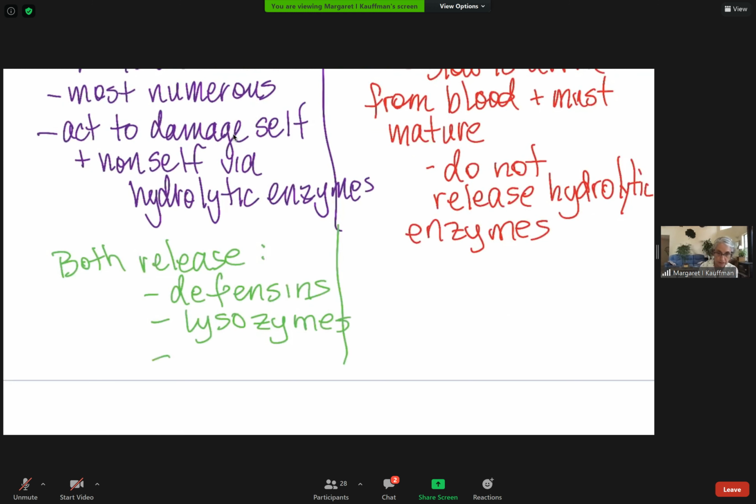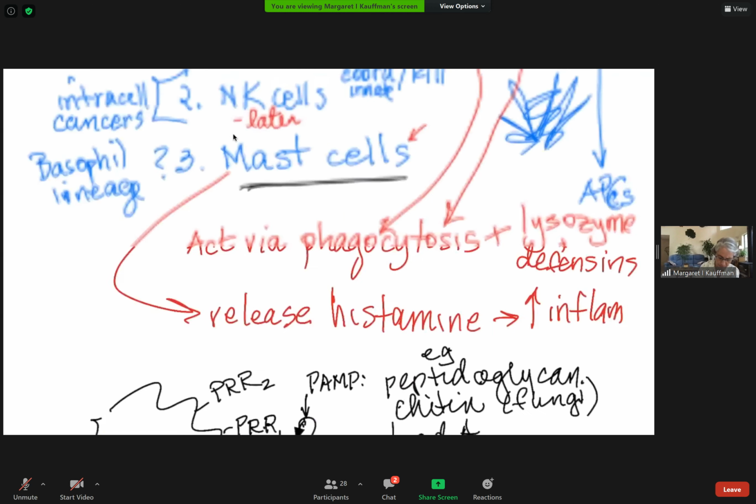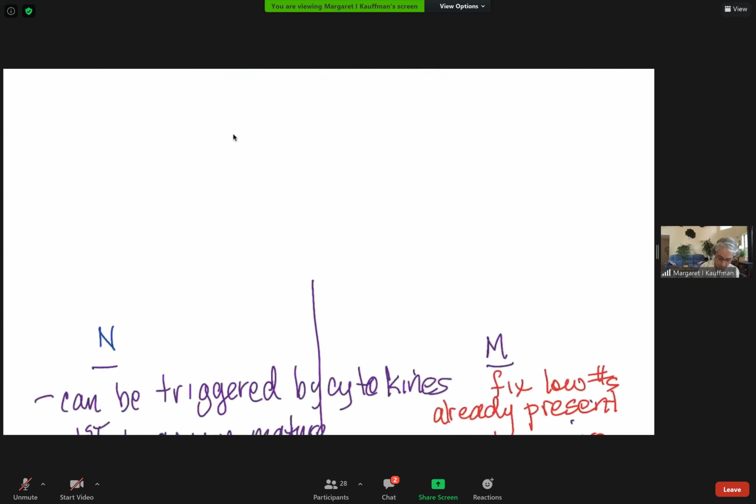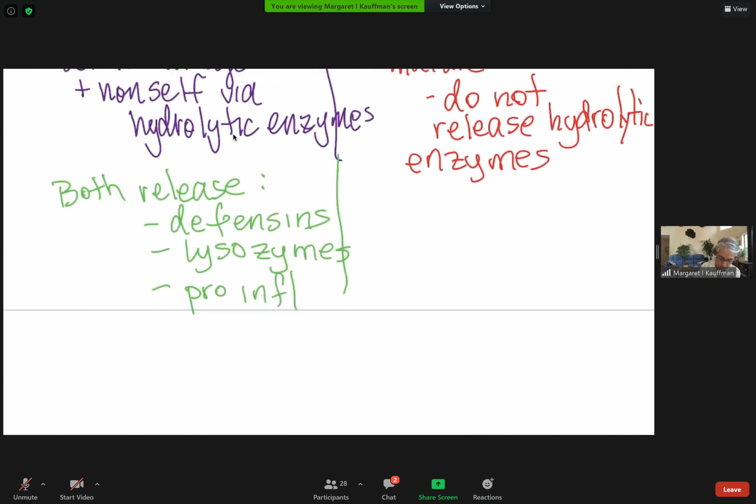And they both release pro-inflammatory substances, like, and here's our first, interleukins. Leukotrienes.